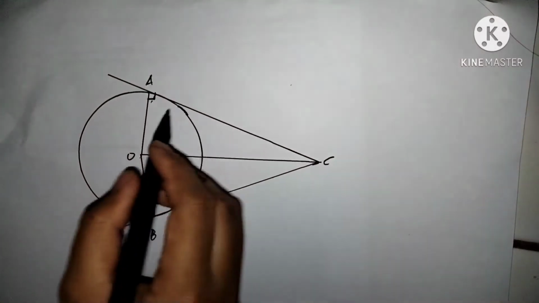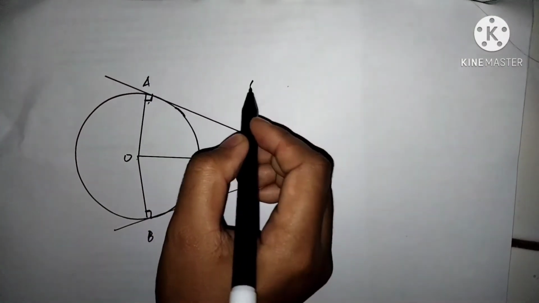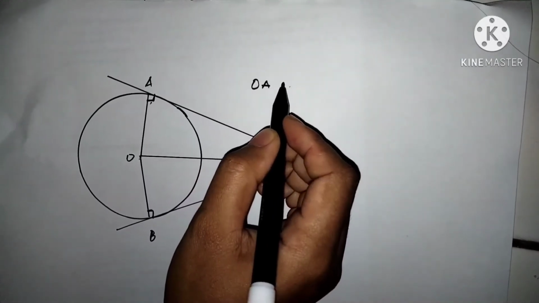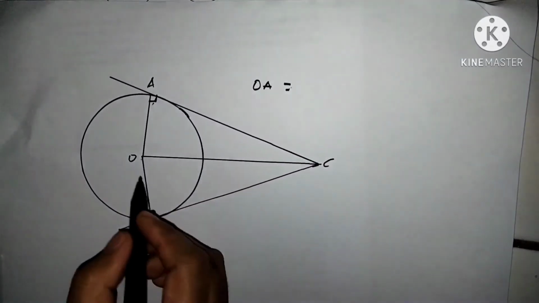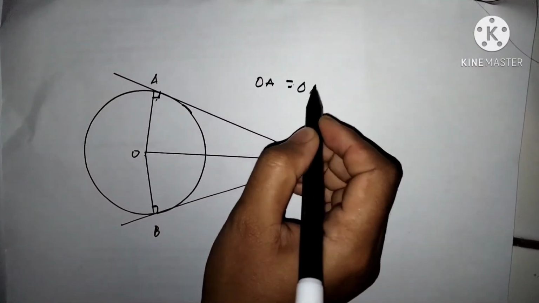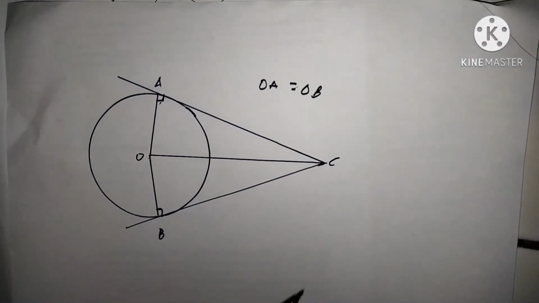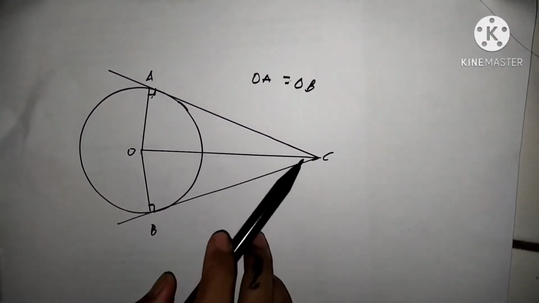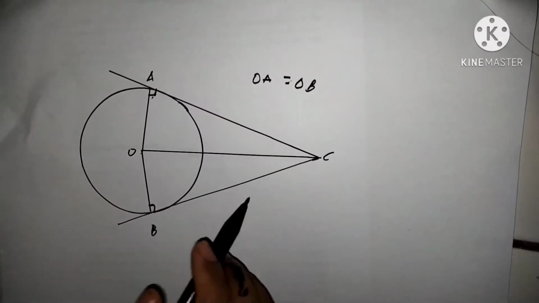So OA is the same as OB because they are both radii, and OC is common to both triangles.